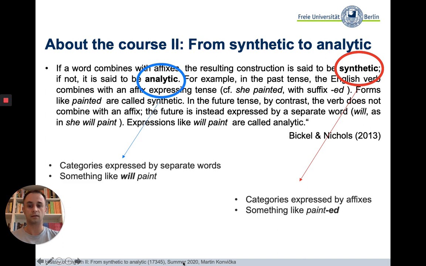On the other hand, analytic expresses a situation where grammatical categories are expressed by separate words. In English, that would be, for example, the auxiliary will in will paint. So now you see that within one language, these different strategies of expressing grammatical categories can actually coexist.